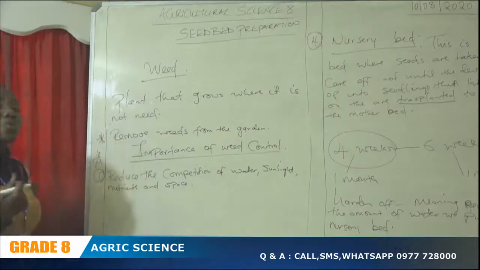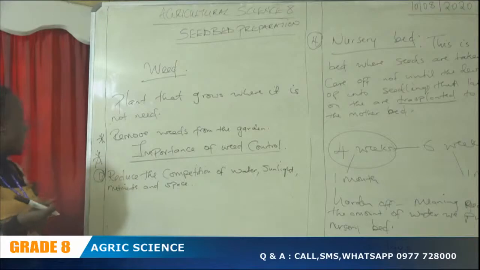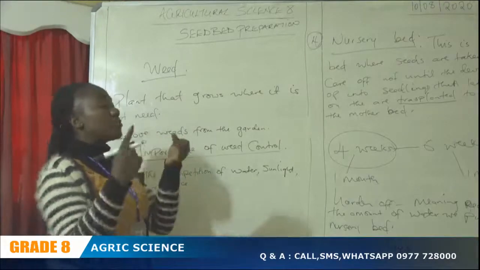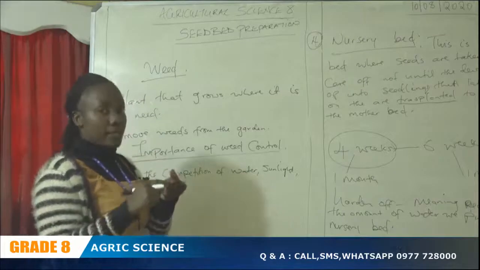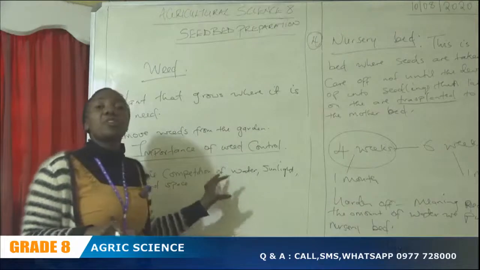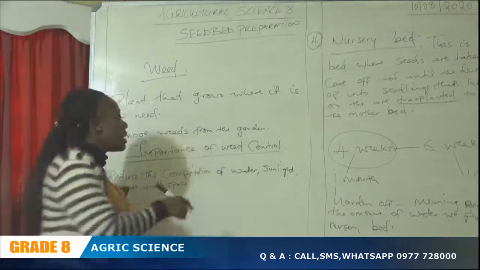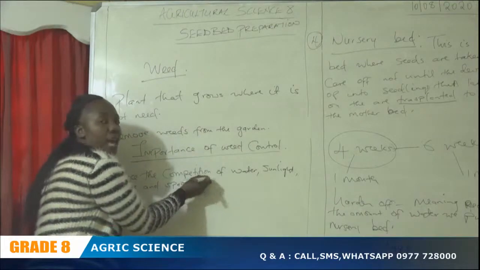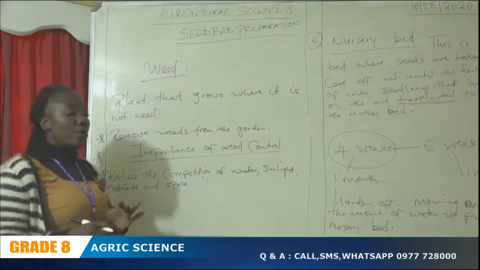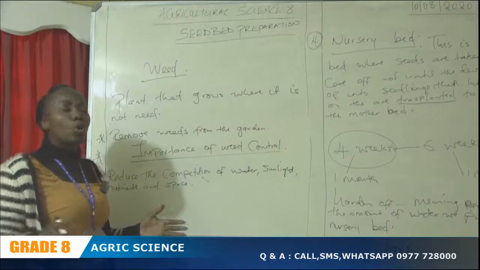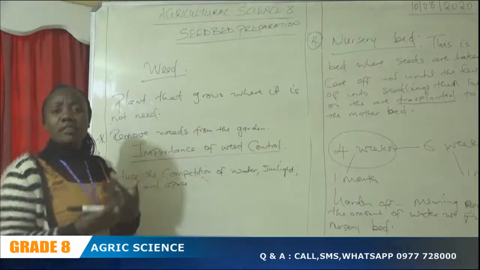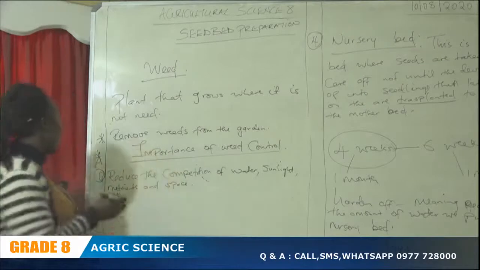Okay, so for our crops to grow healthy, we need a lot of nutrients, we need a lot of water, we need a lot of sunlight, and we need a lot of space so that all the nutrients are being provided only for the crops. Because if we leave weeds in the garden where the crops are, they will fight for these nutrients. Hence, they'll start growing so bad, they will not look healthy because they're competing, they're fighting for nutrients, and they're fighting for water, okay? So that's our first point.